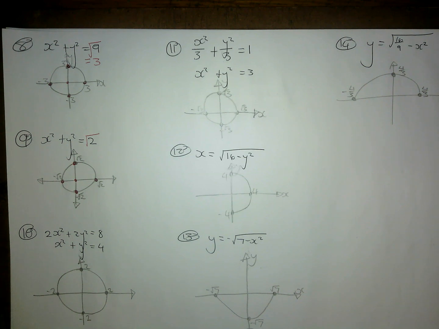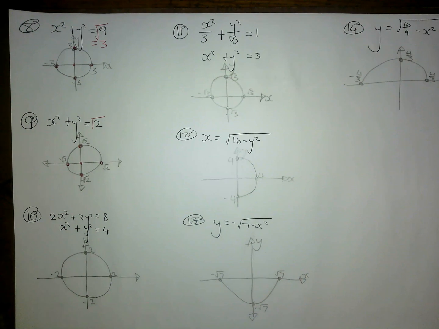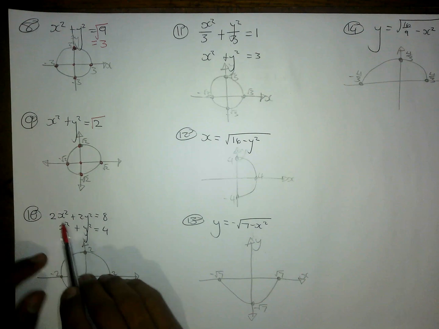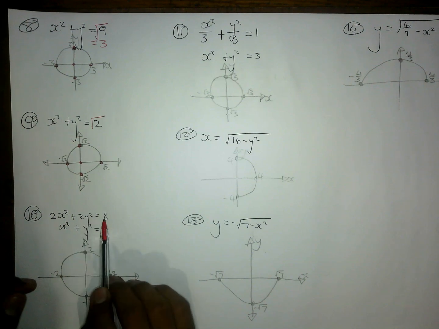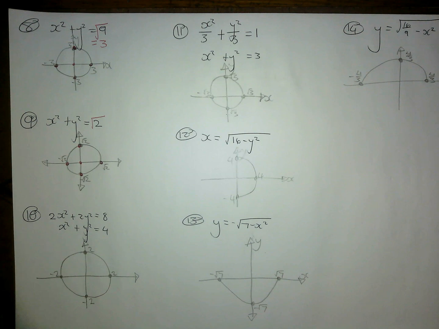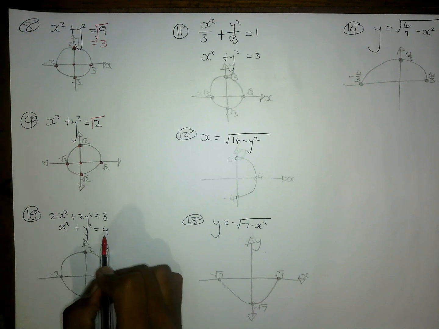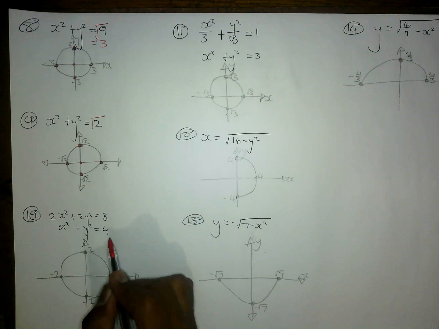Okay, so this next one, number 10. We are given 2x squared plus 2y squared equals 8. Now, this isn't our standard formula of a circle, so we divide by 2 across because we can. Then we are left with x squared plus y squared equals 4.